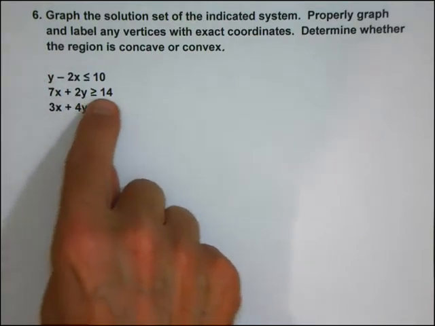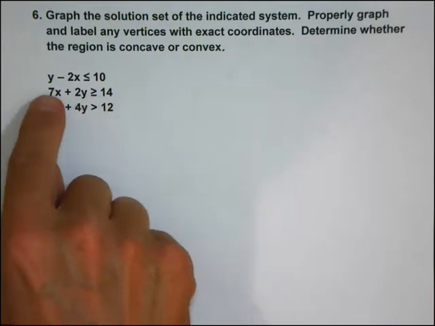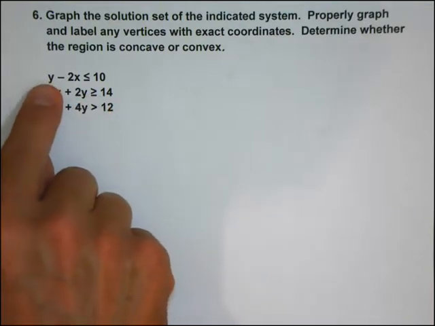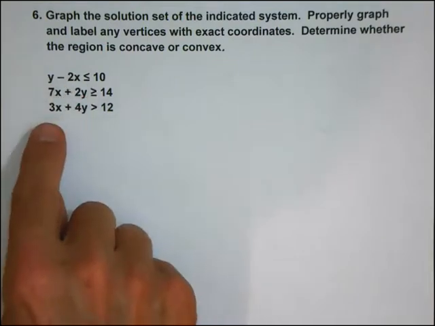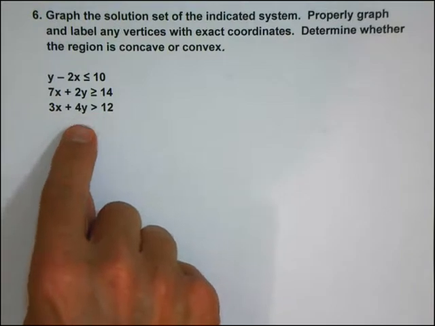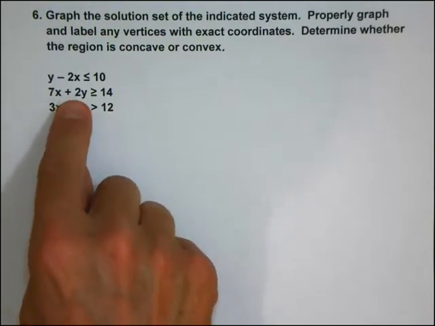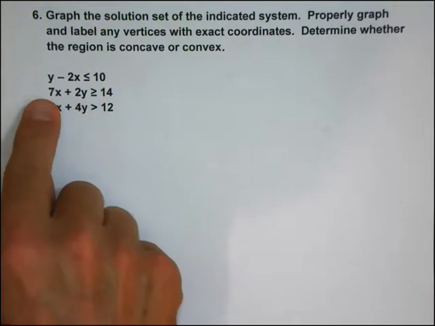The boundary line for the second one, which will be the equality version of this. If x is 0, y is 7. If y is 0, x is 2. Third one, as an equality goes for its boundary line, when y is 0, x is 4. When x is 0, y is 3.